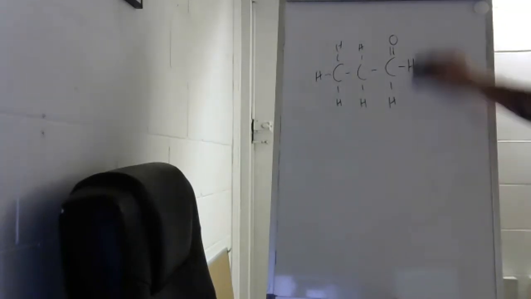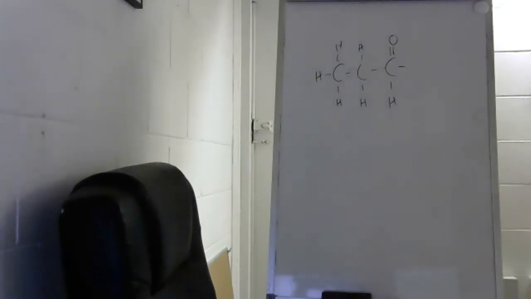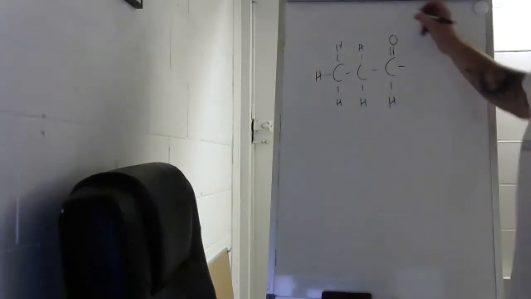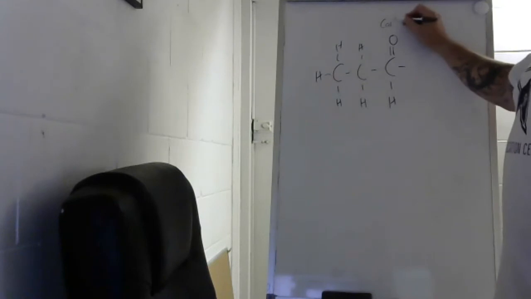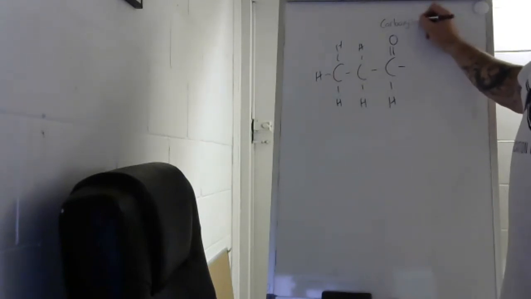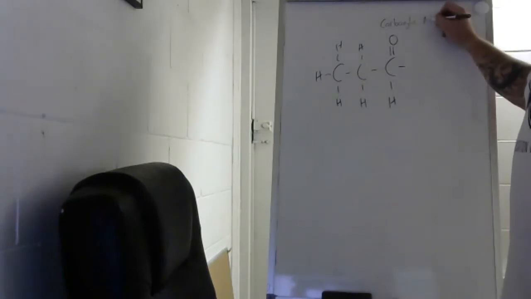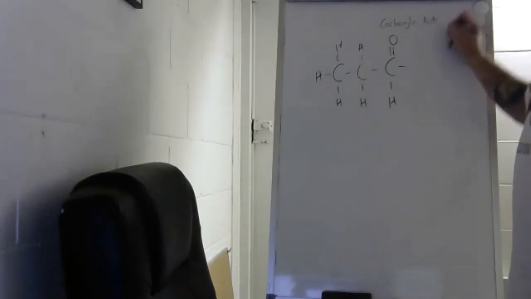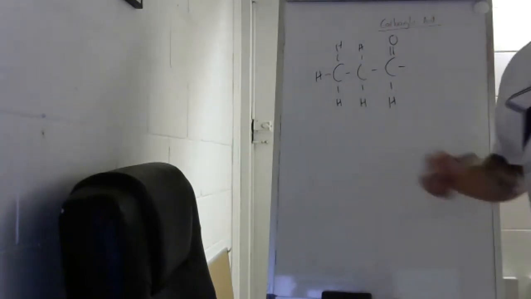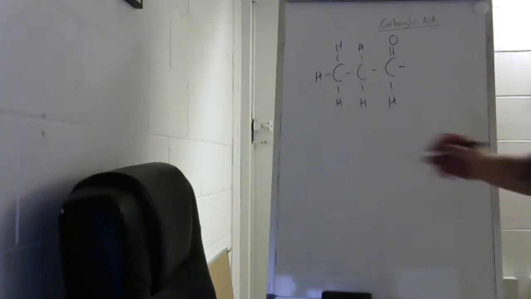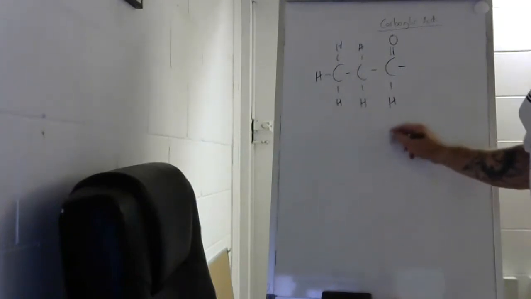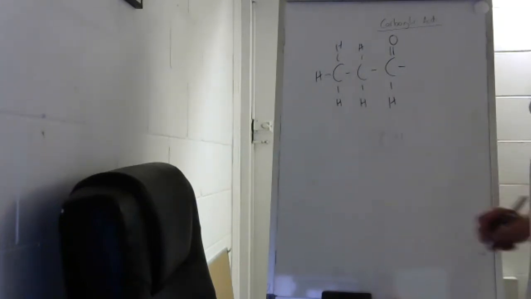Okay, so now we're getting into the weird ones. So now we're going to do the carboxylic acids. Carboxylic acids, functional group is COOH.